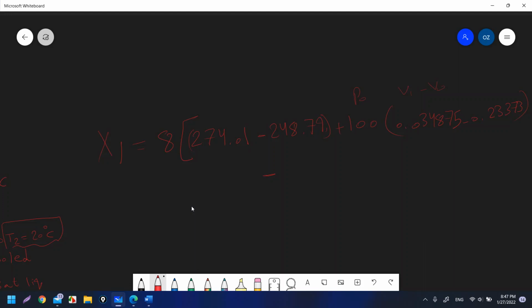The T0 is 20 degrees Celsius, so in Kelvin 293. You have to substitute in Kelvin, not in Celsius. S1 is 1.0256 minus 1.0918. So X1 will be 197.85 kilojoule.